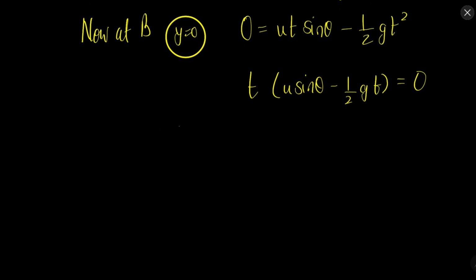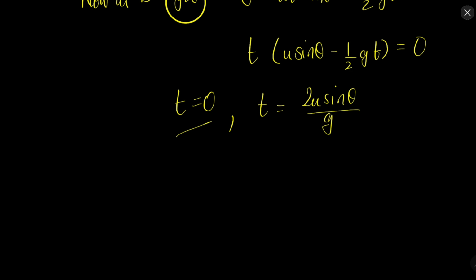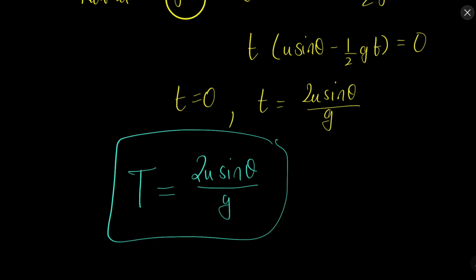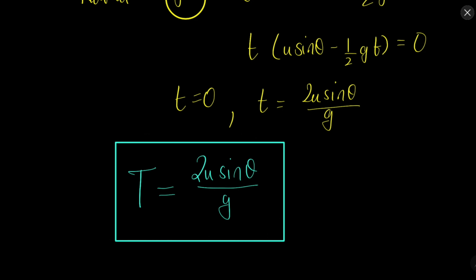So ultimately we get two values, t equal to 0 and t equal to 2u sin theta by g. Obviously t is not 0, there is some time that has elapsed. So our formula for the time of flight is t equal to 2u sin theta by g.